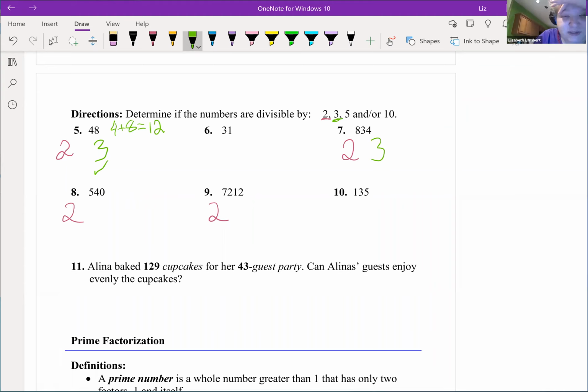So this one is divisible by 3. 5 plus 4 plus 0 is 9. So this one is divisible by 3 and is in fact divisible by 9 as well. Now let's see here. 7, 8, 9, 10, 11, 12, divisible by 3. 135, 1 plus 3 is 4, plus 5 is 9. So this one is actually divisible by 3 and 9.